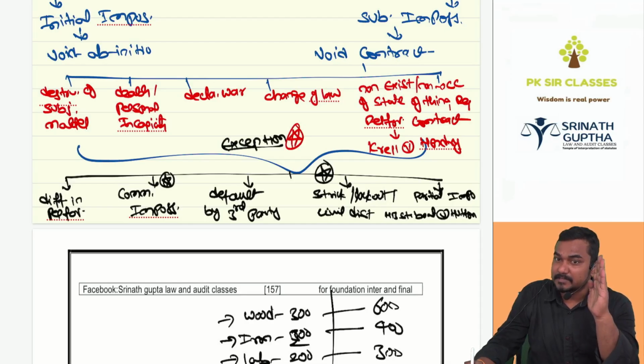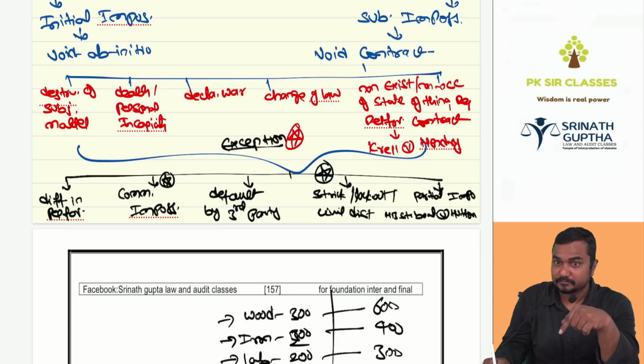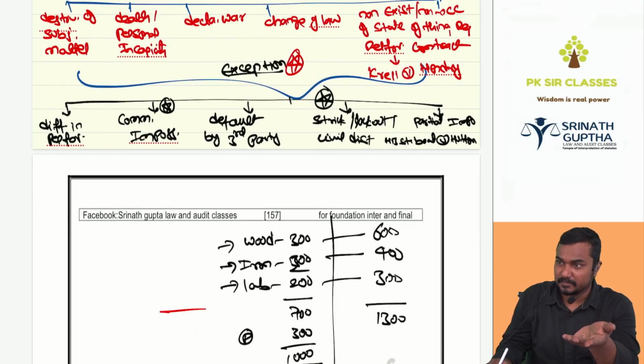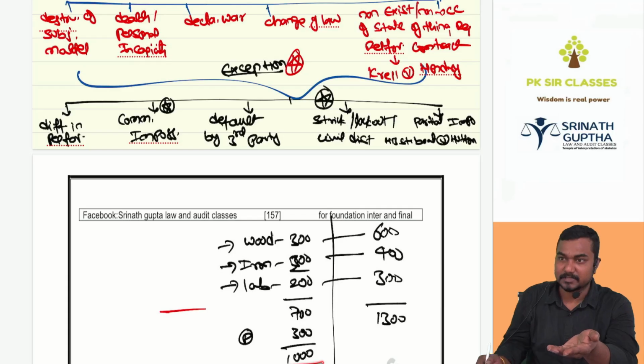Getting 95 marks in CA Foundation law is difficult but not impossible. Commercial impossibility: questions will be there. I entered into an agreement with a carpenter for making a table and bench: wood 300, iron 200, labor 200, so total cost will be 700. The carpenter said, let me keep a profit of 300, let me sell it for 1,000.